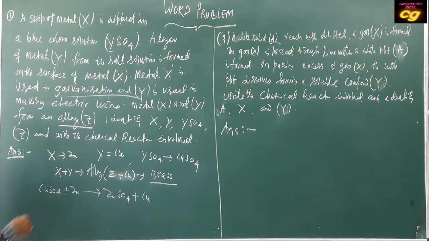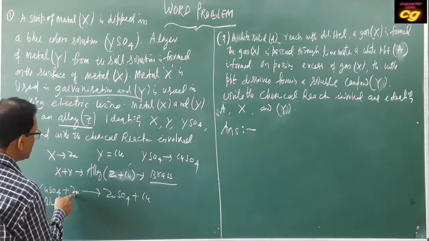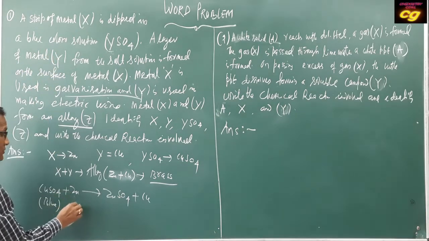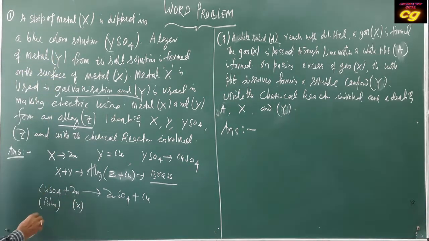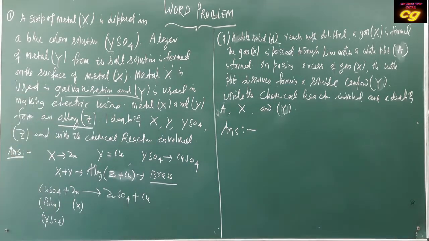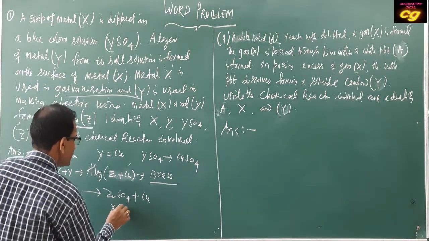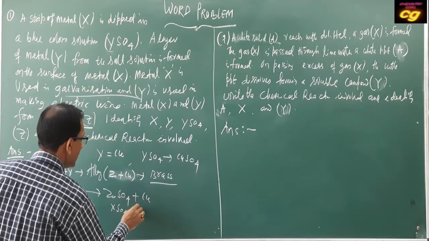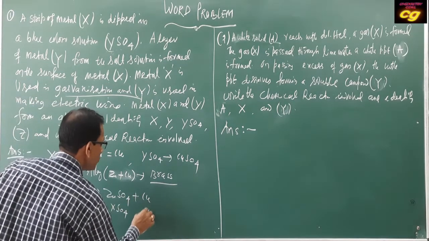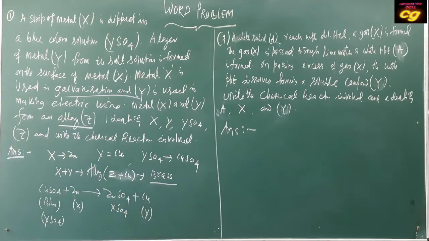It is blue color, and when a strip of metal X is dipped in YSO4, this forms XSO4 and Cu, which is Y. So this is the reaction involved.